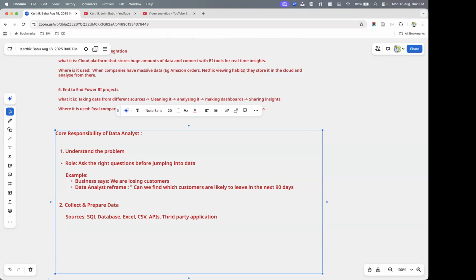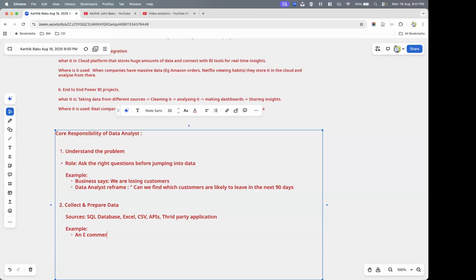So the data analyst's second core responsibility is to collect and prepare the data. Can we see an example? An e-commerce site is pulling customer purchase history and customer service complaints from different places.